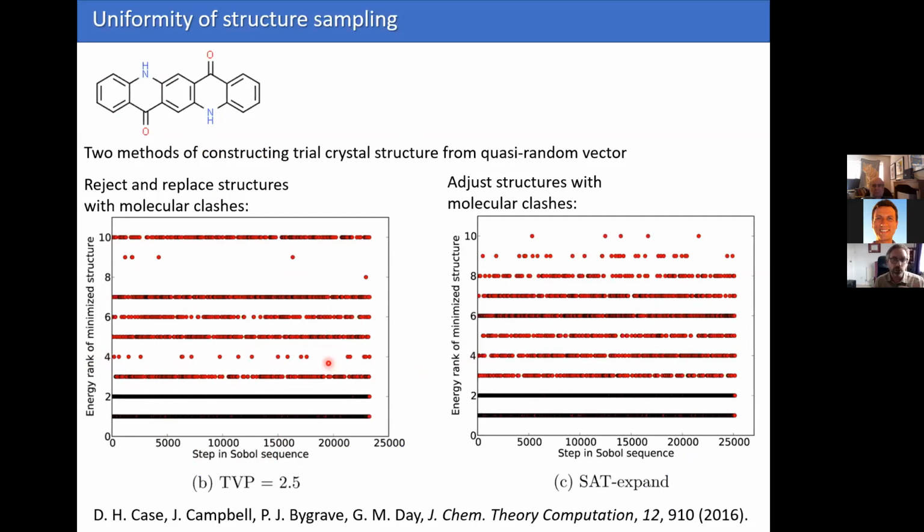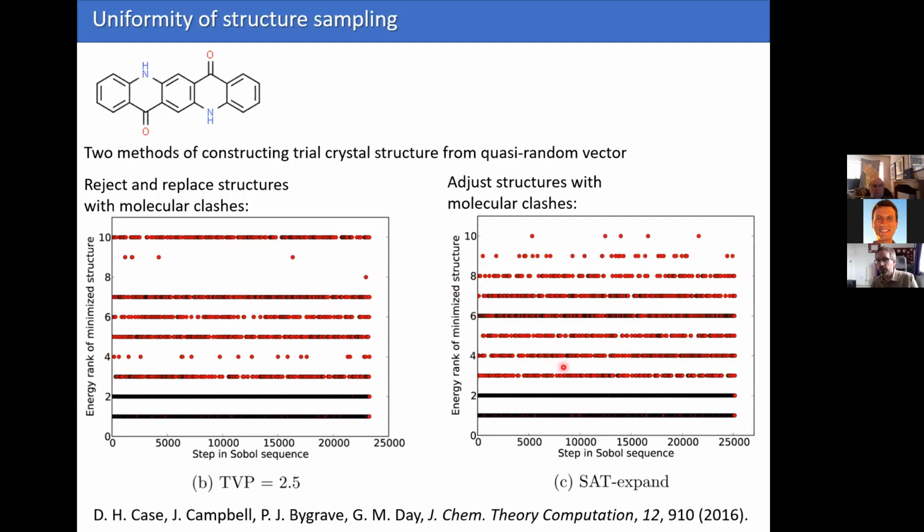And here you can see very clearly which are the difficult structures to find. Here I'm showing just two different variations on how we turn that quasi-random vector into a trial crystal structure. Here we had those problem structures. The number 4, already from that last slide, looked hard to find. Also a couple of other high energy structures. This one's found once out of those 10,000 structures.